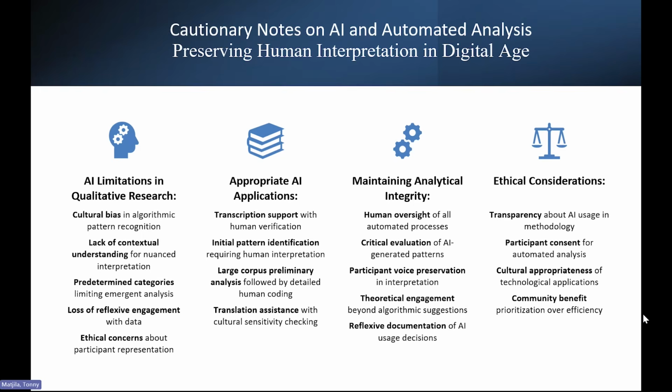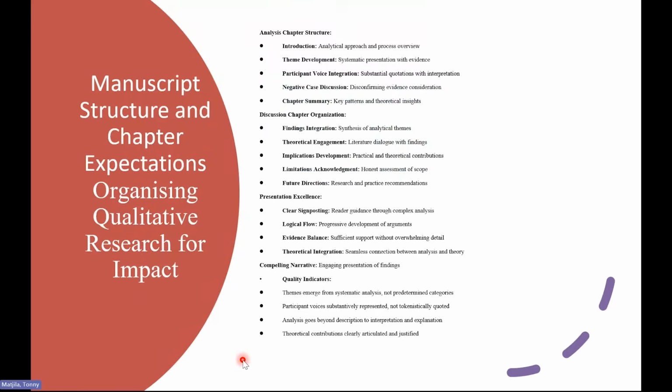So try to maintain this ethical standard by ensuring participant consent for this automated AI analysis. And if you are working with communities also, make sure that you prioritize community benefit over research efficiency.